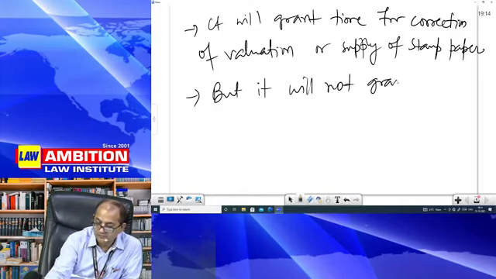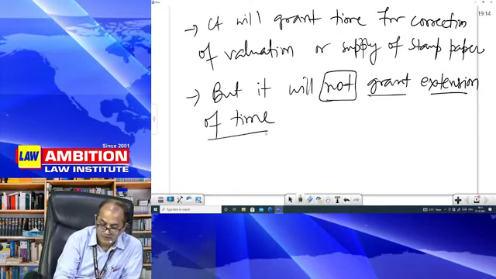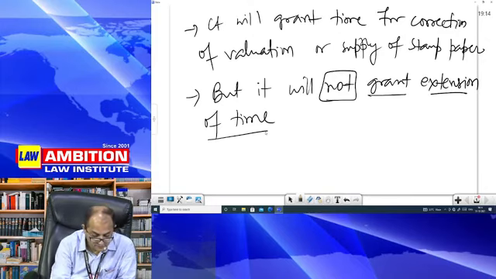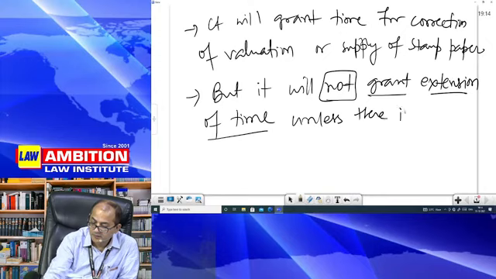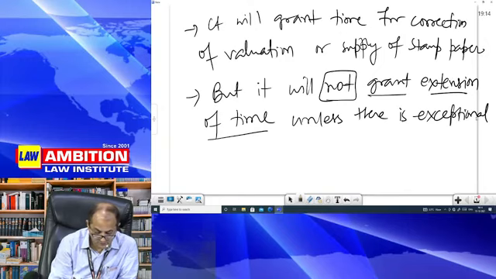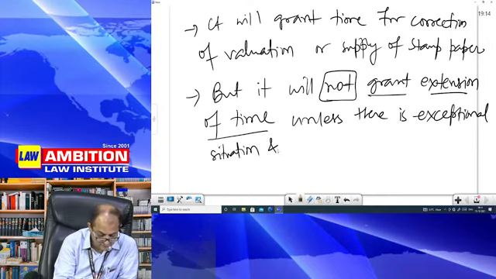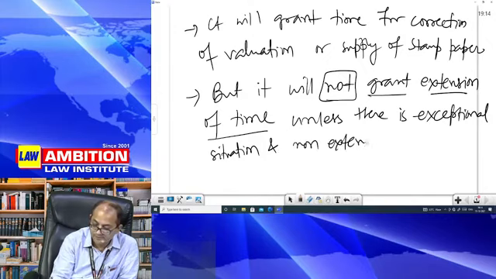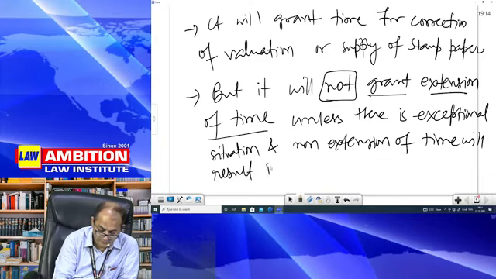But it will not grant extension of time unless there is an exceptional situation, and non-extension of time will result into grave injustice to the plaintiff.